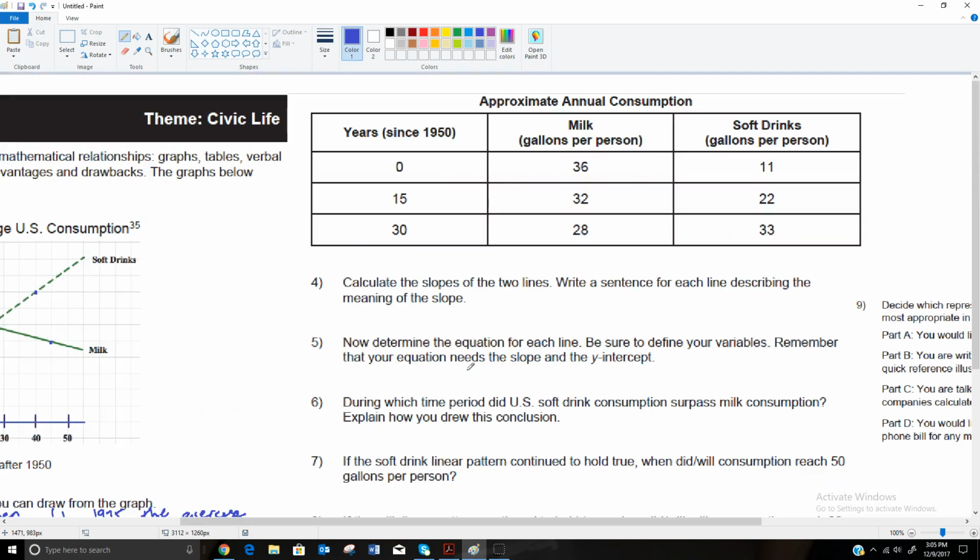So now it says we're supposed to calculate the slopes of the two lines. They have some points up here that they gave us, so we could go back and use our points, but we'll go ahead and use their points. So if we're going to calculate slope for those two lines, we can just pick any two points that we want.